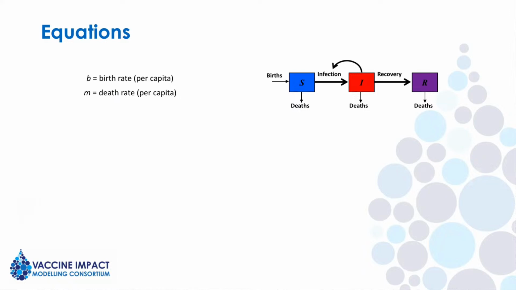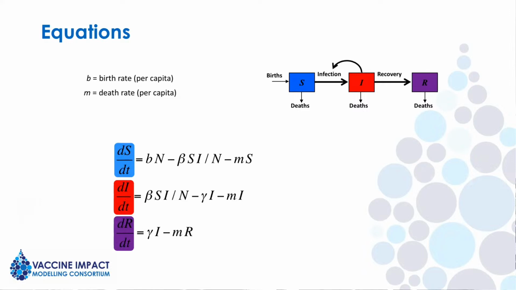So let's have a look at how the equations change. Now we're adding a couple of extra parameters. We've got a per capita birth rate and a per capita death rate. So we've got our SIR differential equations. We've got an extra term here, bN, where N is our total population. So everyone is either susceptible, infected, or recovered.